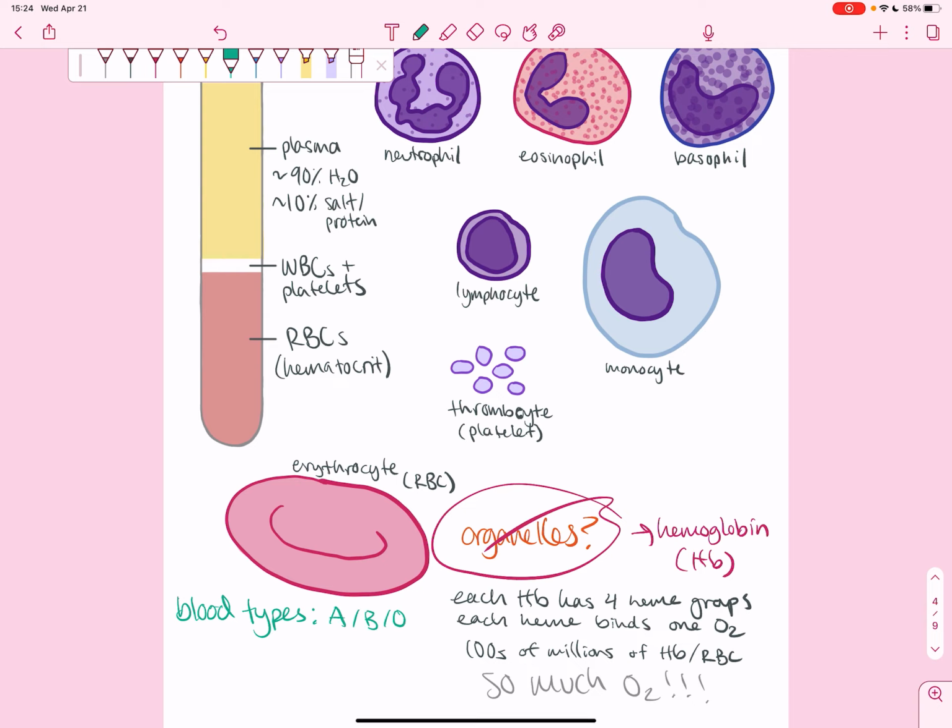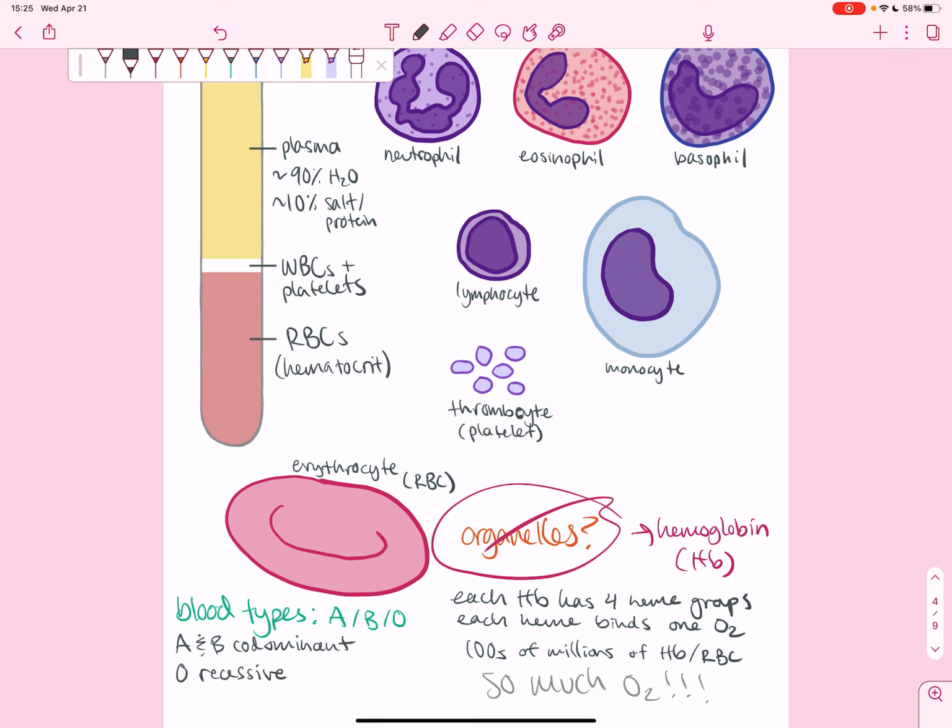So we use A, B, and O to describe the different blood types. A and B are codominant, whereas O is recessive. So O.